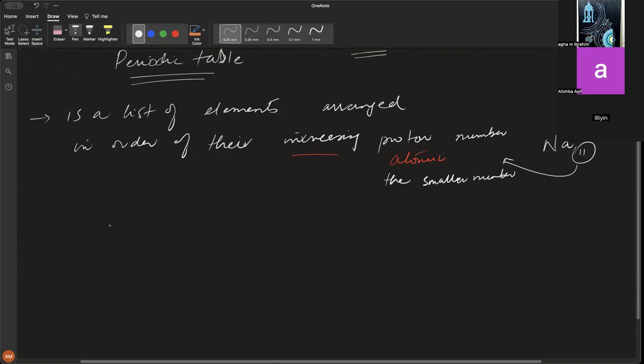If you look at the elements, they are arranged in increasing proton number. If you go from left to right, you will observe that the number is increasing.